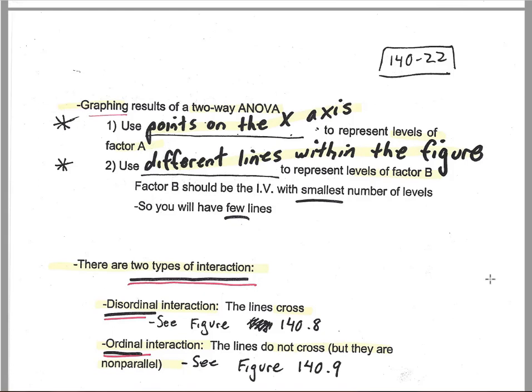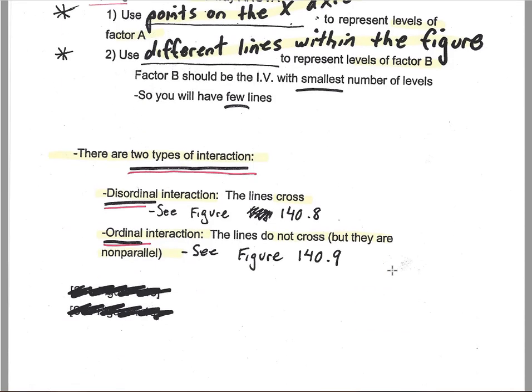If it's a disordinal interaction, that means that the lines cross within the body of your figure. And yes, I'm going to show you an example of what that looks like. With an ordinal interaction, the lines do not cross within the body of your figure, but the lines are non-parallel. What do you mean by that?